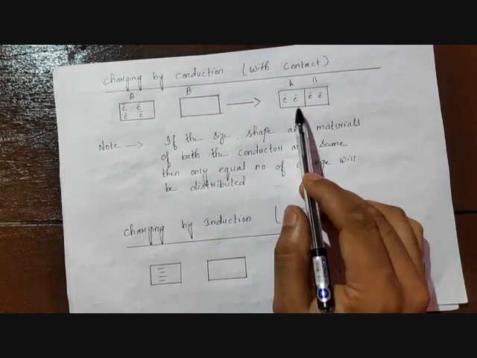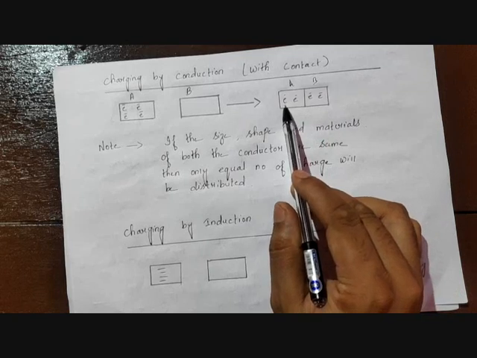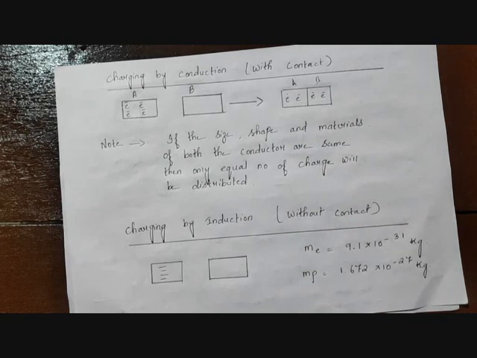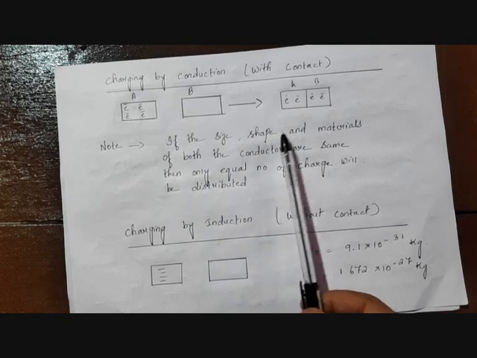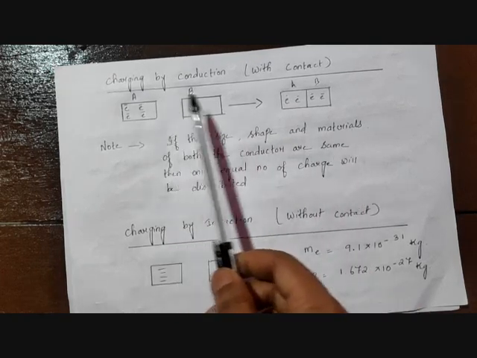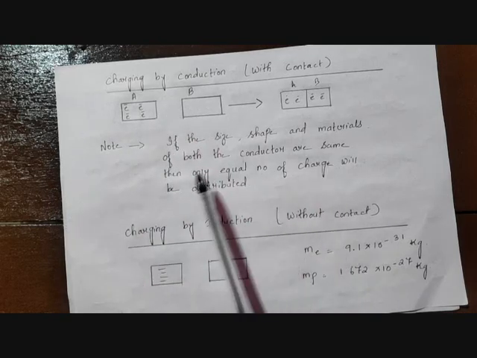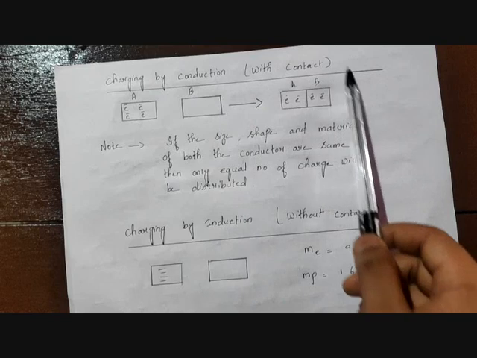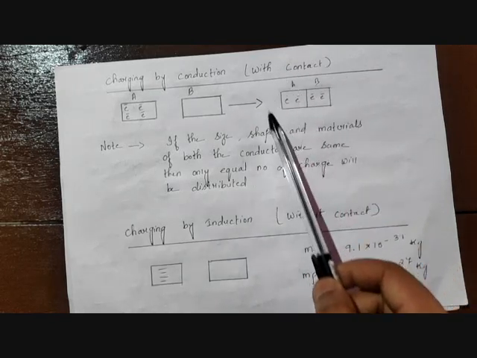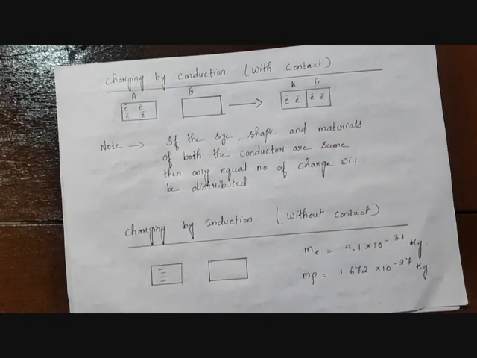Now see, electrons are distributed equally: 2 electrons, 2 electrons. But remember one thing, students, this is not always possible. If the size, shape and material of both conductors are the same, then only will an equal number of charges be distributed.